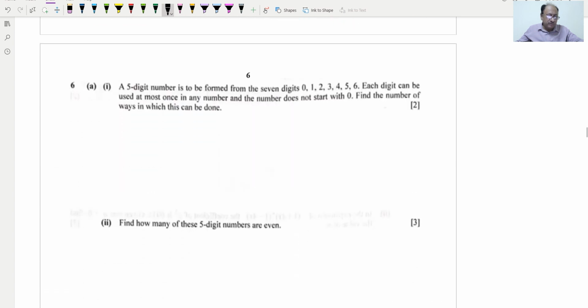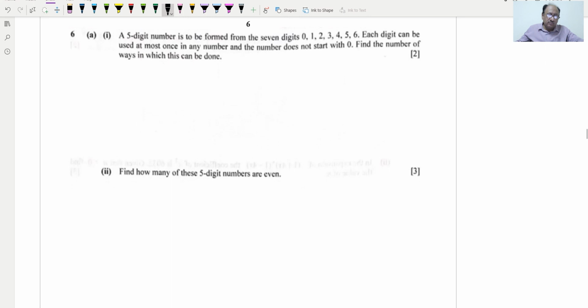Hopefully you understood this. Now here comes question number 6, and question 6 A part says a 5-digit number is to be formed from the 7 digits 0, 1, 2, 3, 4, 5, 6. Each digit can be used at most once in any number, and the number does not start with 0.